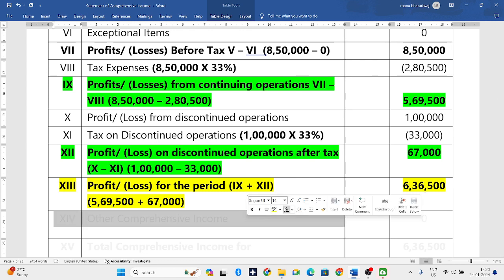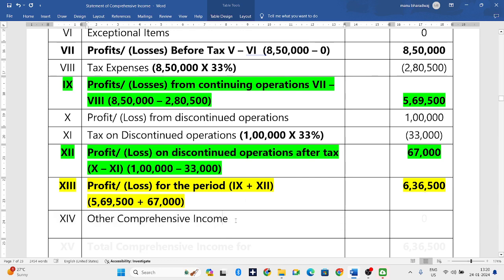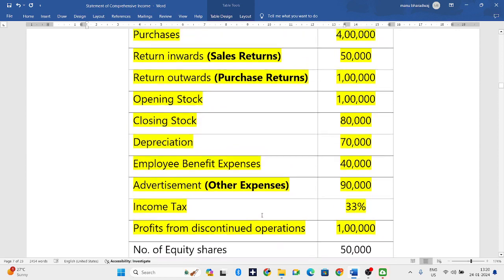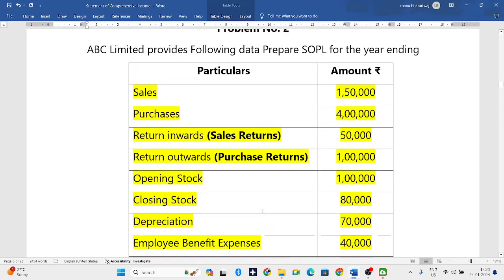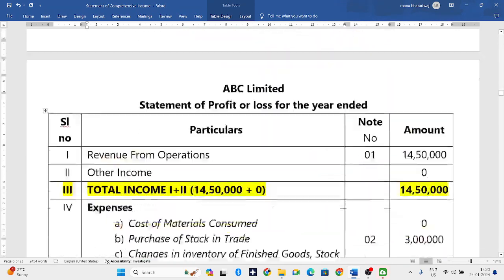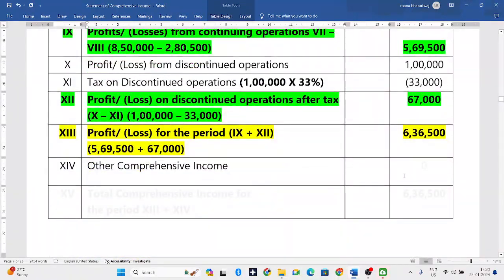To this we have to add any comprehensive income or other comprehensive income. Now we have to check the question whether they have given any details related to other comprehensive income. There is no such information related to other comprehensive income. So we will consider it as 0.